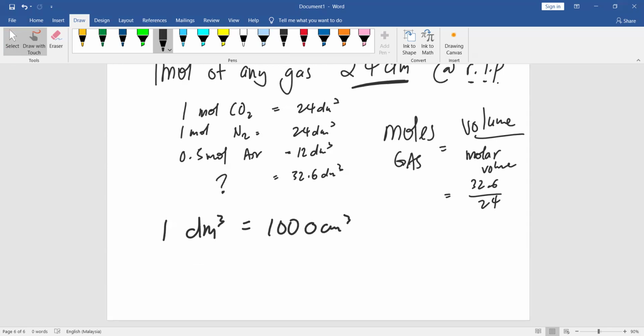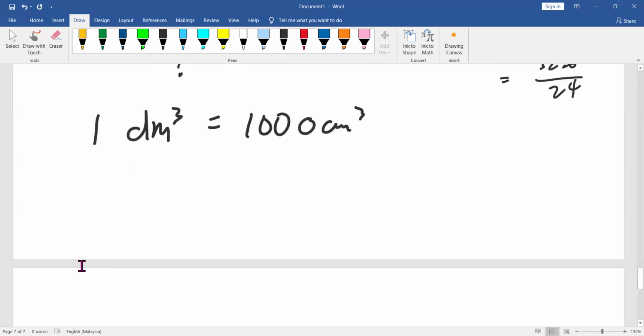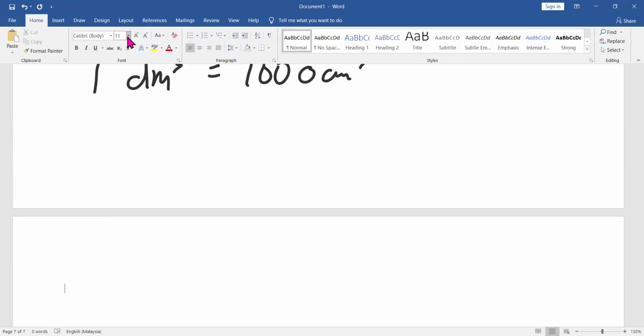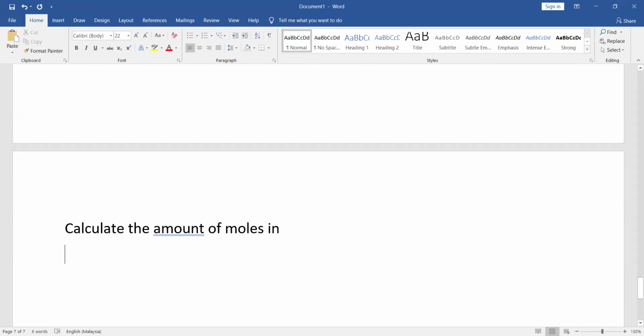Okay, can you write this down? We do just simple questions, just a few. Calculate the amount of moles in 36 decimeter cube of oxygen and 12000 centimeter cube.